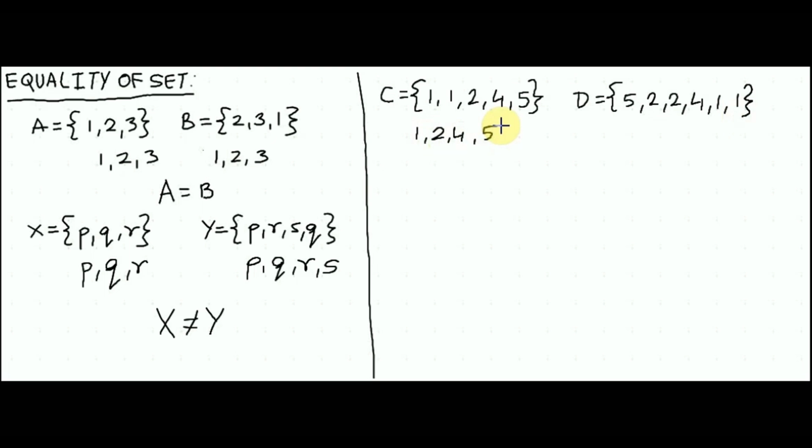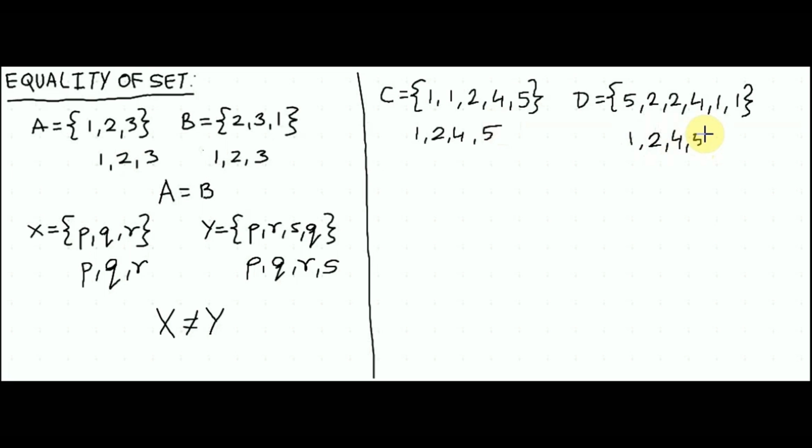I am not considering the repetition of the elements. Now let's see set D. The elements present in set D are 1, 2, 4, 5. I have written them in sequential order, as you can check. Again, I have not repeated the elements because it does not matter to me.